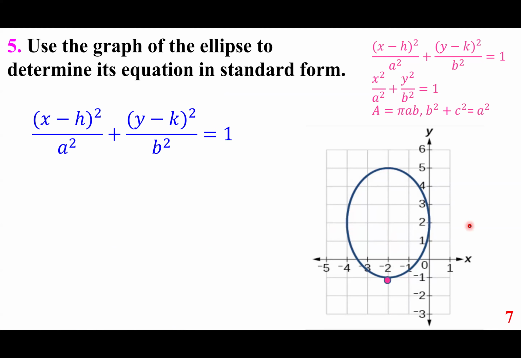So let's start with the center, located at negative 2, 2. The 2 vertices, because this is longer, are located at negative 2, 5 and negative 2, negative 1. Co-vertices, 0, 2 and minus 4, 2.